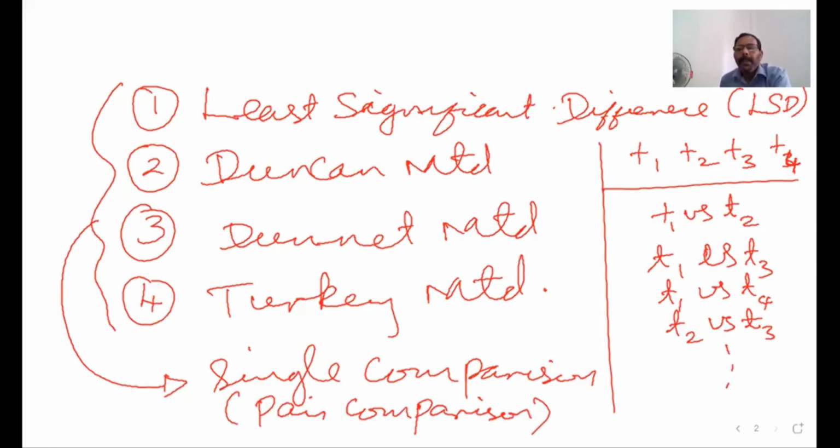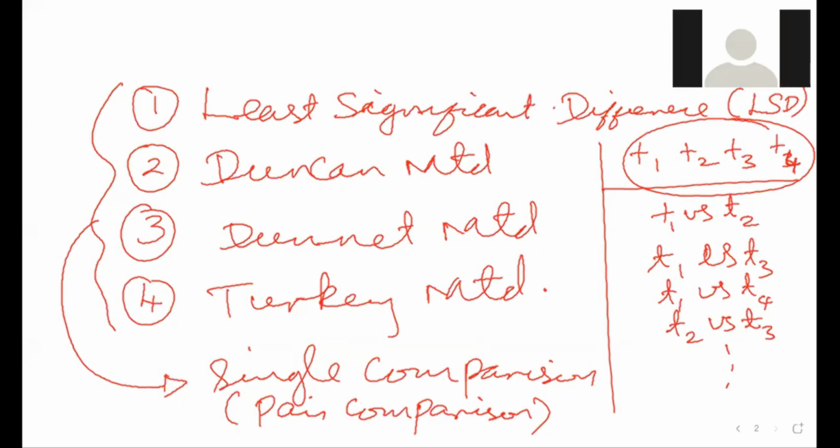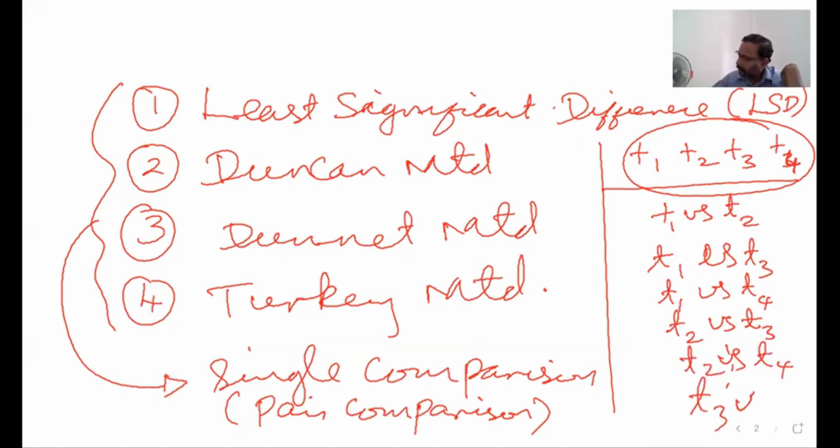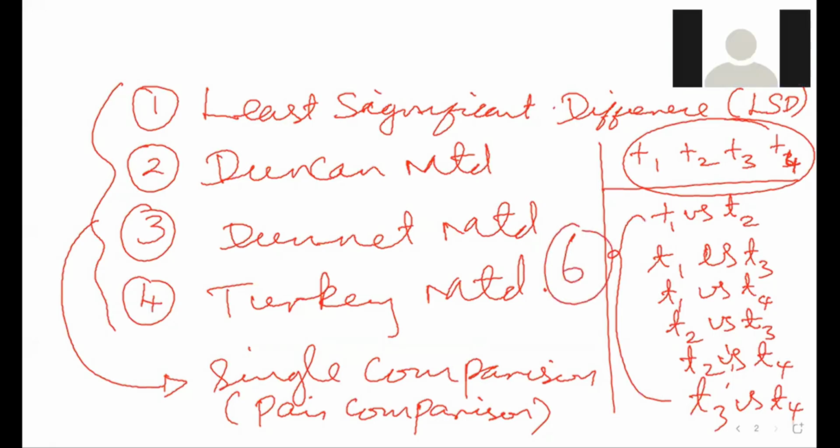In this example with 4 treatments, at a time we take only 2. How many possible pairs are there for comparison? 6 comparisons. 6 possible comparisons.